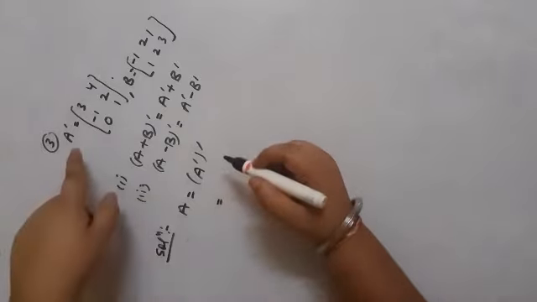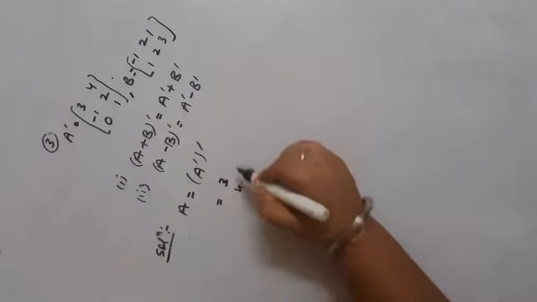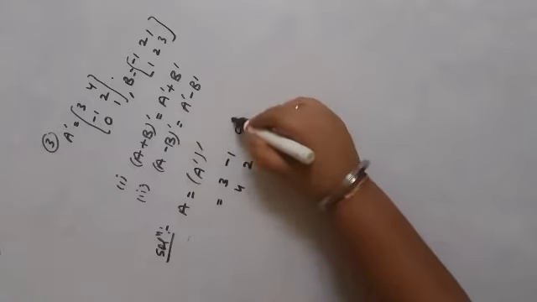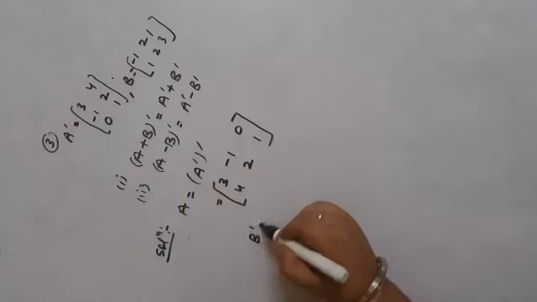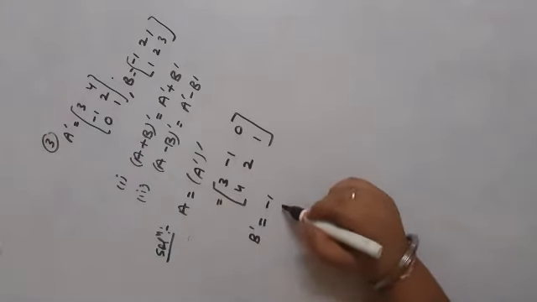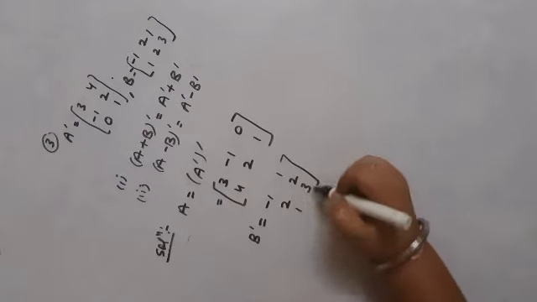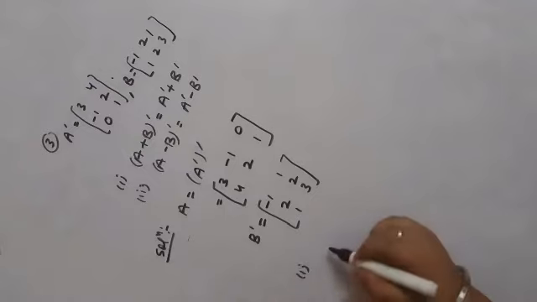If we transpose A transpose, then it will be 3 4 minus 1 2 0 1. And again we are given B, then B transpose is the transpose of B, that is minus 1 2 1 1 2 3.